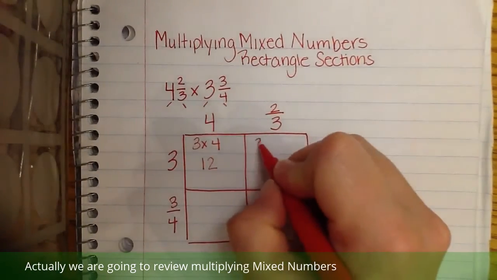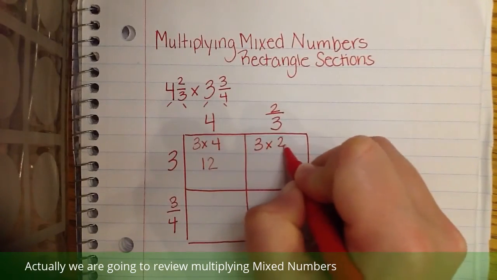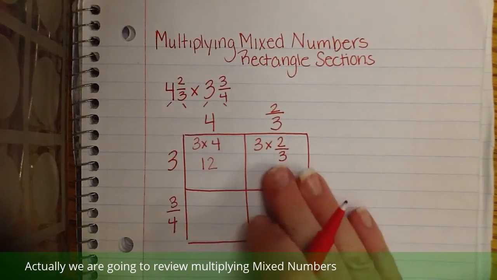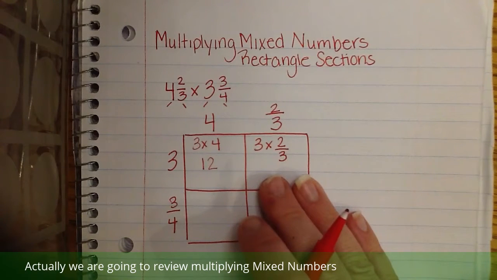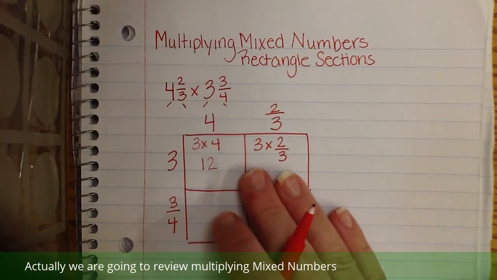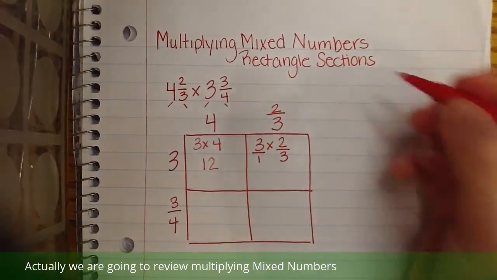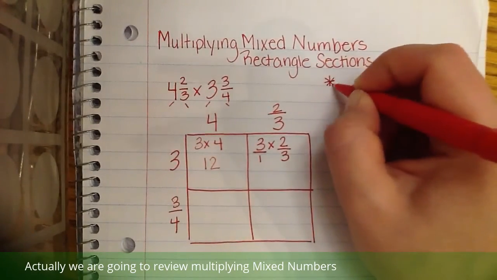All right, so this one, I'm going to do 3 times 2/3. I've done models with this before, but let's look at a shortcut. If I have 3 whole groups, how many parts are inside of each group? 1. Let's make a note of this so that we can remember in our notes.